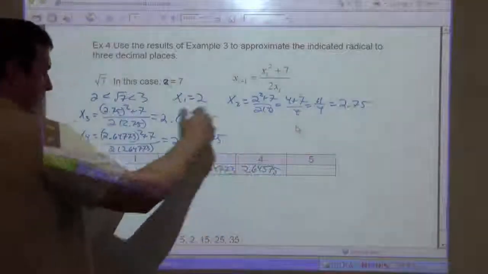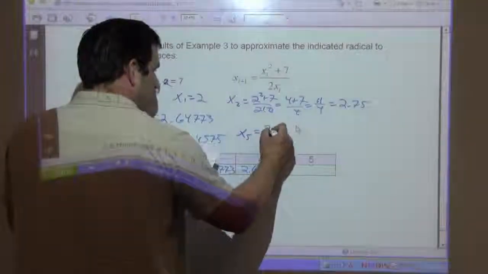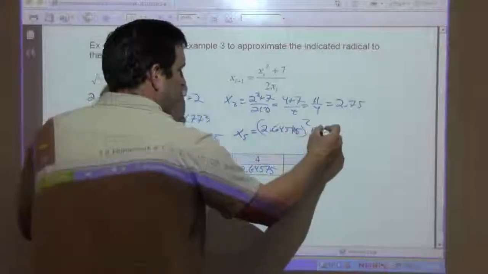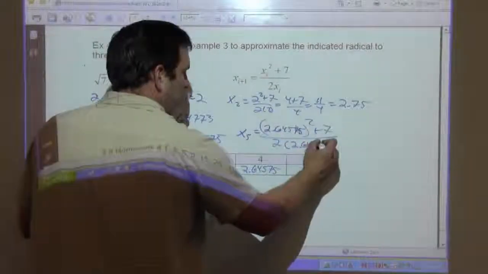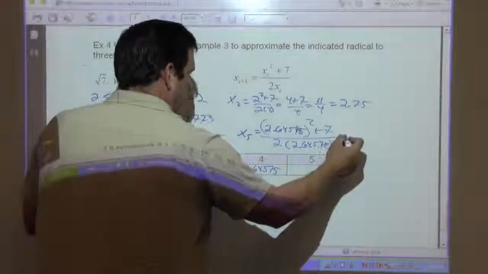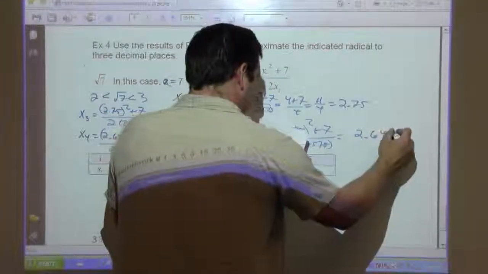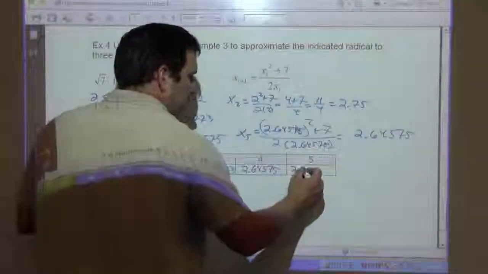And then we'll take this value and get the fifth one. x5 would be 2.64575 squared plus 7 over 2 times 2.64575. And that would come out to be 2.64575. So out to 5 decimal places, that hasn't changed.